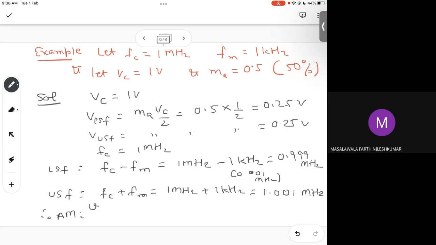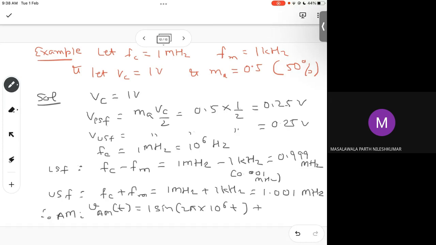V AM of t is equal to VC, which is 1, so simply 1 sine 2 pi into 10 to the power 6. When we write this expression, we always write in terms of megahertz, so 10 to the power 6 hertz.